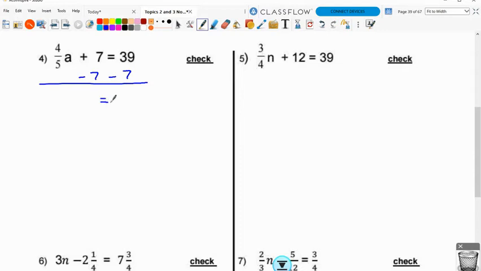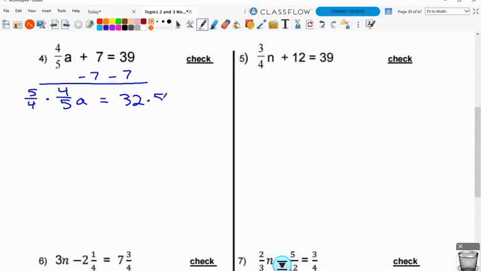Okay? Well, on the left-hand side, when you do 7 minus 7, that is 0, leaving you with 4/5 a. And on the right-hand side, 39 minus 7 is 32. 4/5 a equals 32. Now we need to get the value of 1a, so we're going to multiply both sides by the reciprocal of 4/5, which is 5/4.